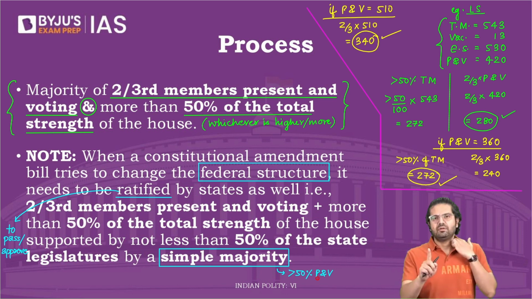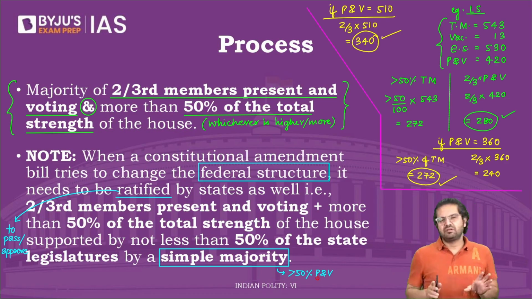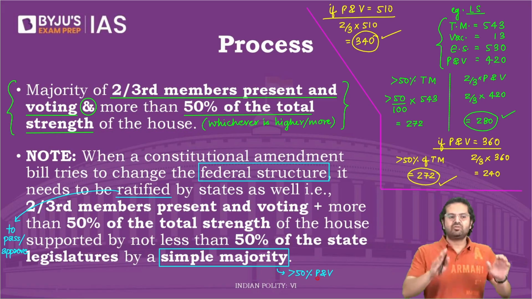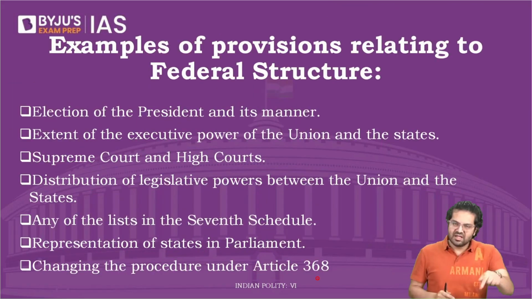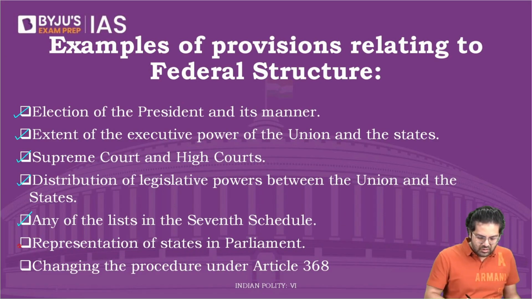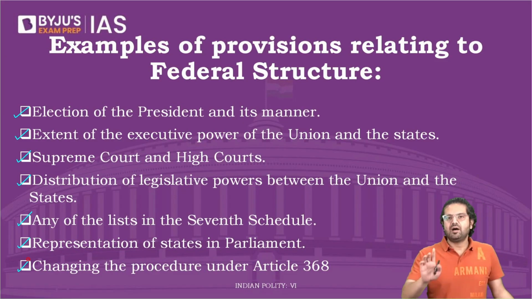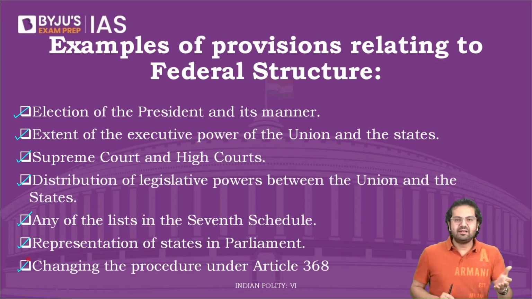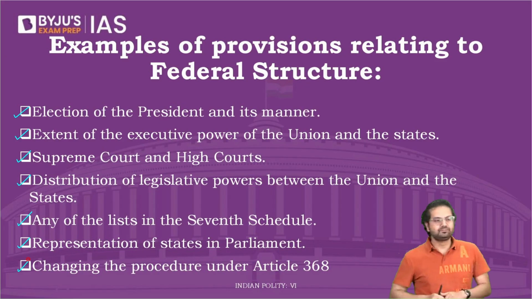It is mentioned in the constitution only, in the same article. These are the places, if you make a change here, then you need state's approval also. In other cases, not required.